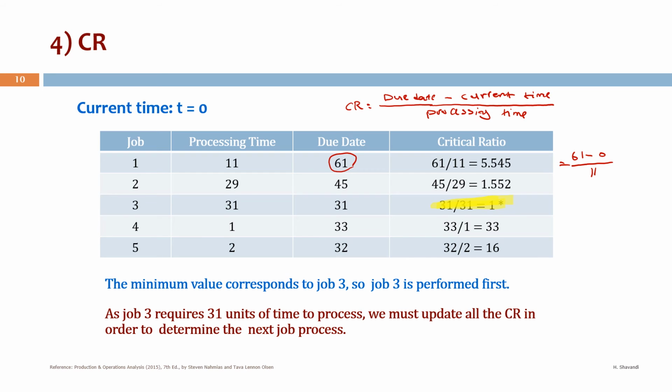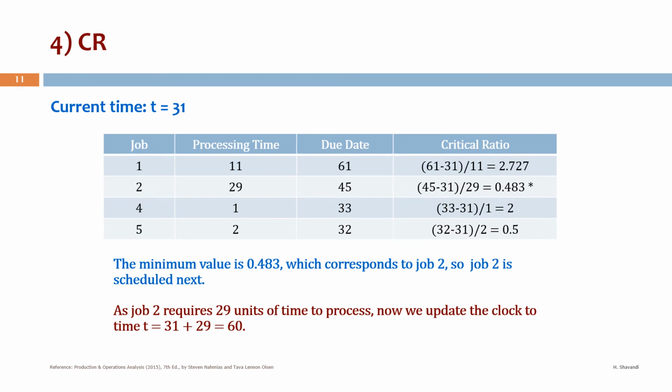It relates to job number 3, so this means we should schedule job number 3 as the first job in our scheduling. Now if we schedule job number 3 first, its processing time is 31, so the current time jumps to 31.